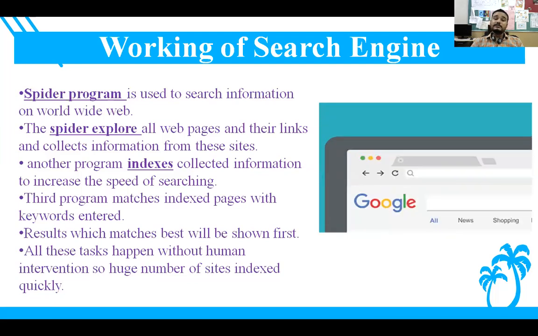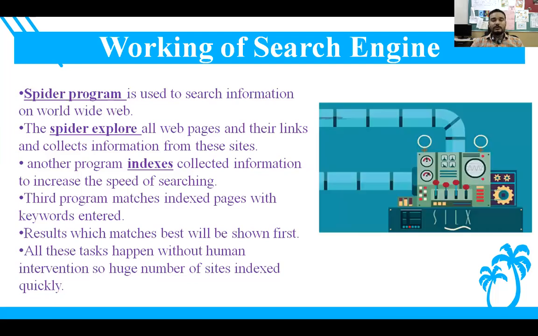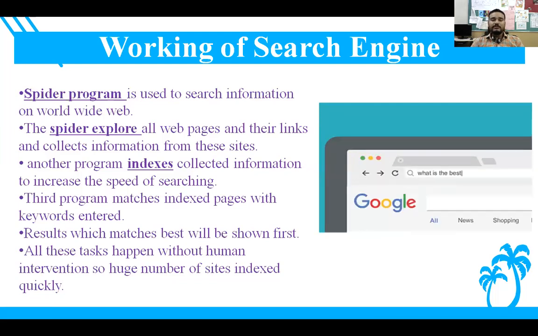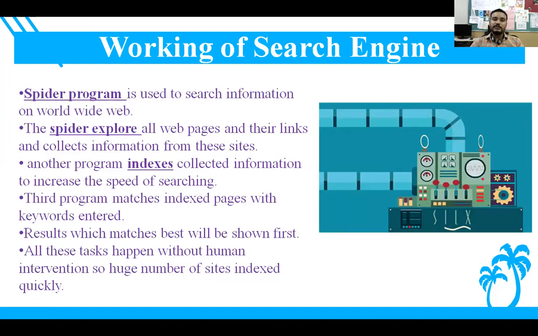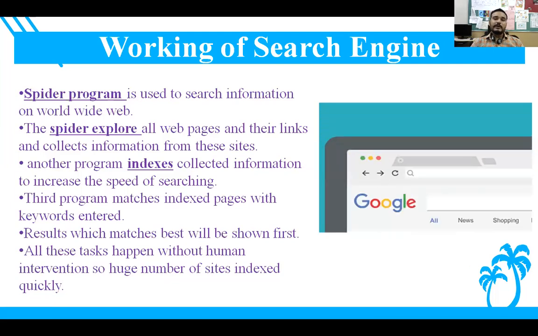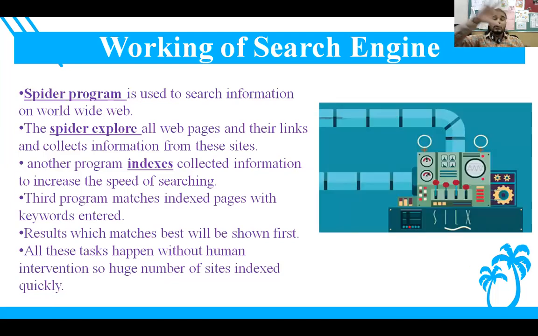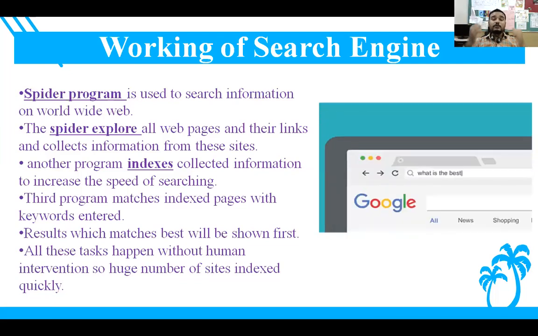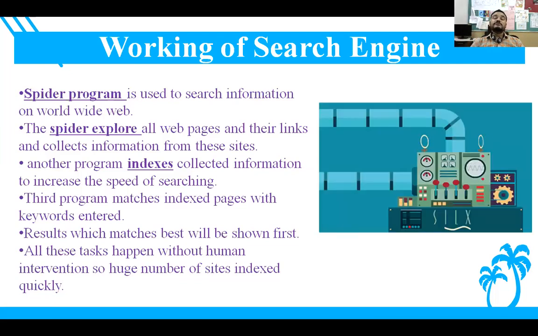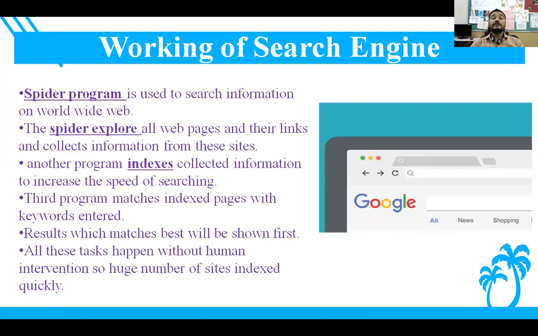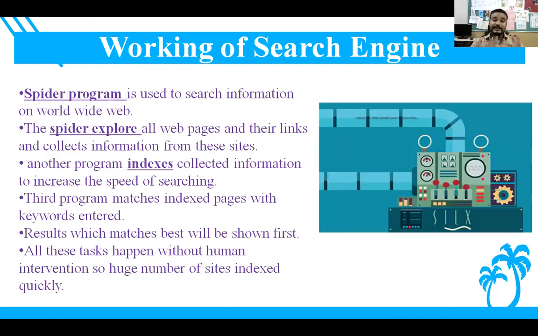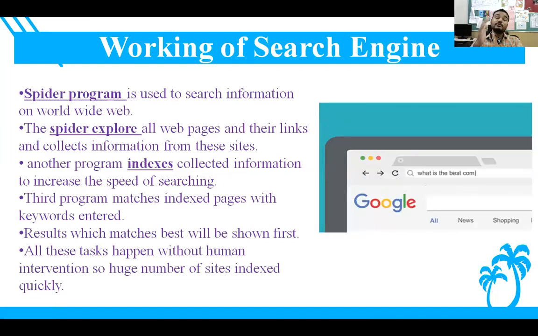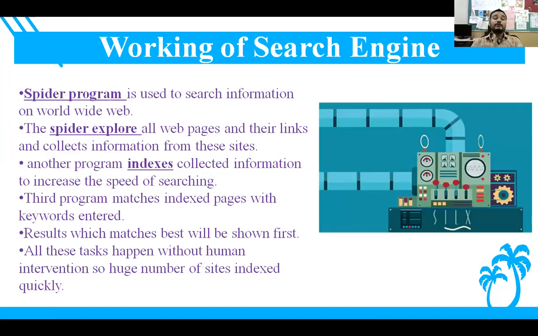Now how does it do this? First, when we enter the required material, suppose you are searching about Narendra Modi, so if you type Narendra Modi in Google, first the Spider program will go across all the www pages and find all the information about Narendra Modi. And if you have typed Narendra Modi date of birth, then the second Spider program will search for the information where Narendra Modi and his date of birth are found.